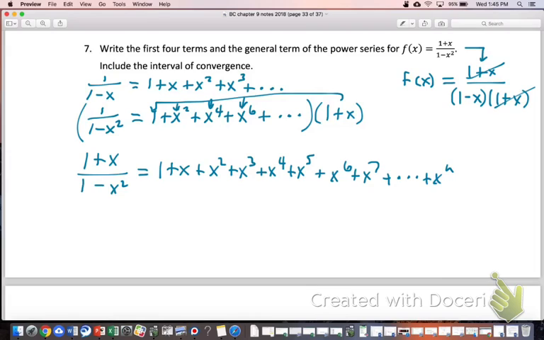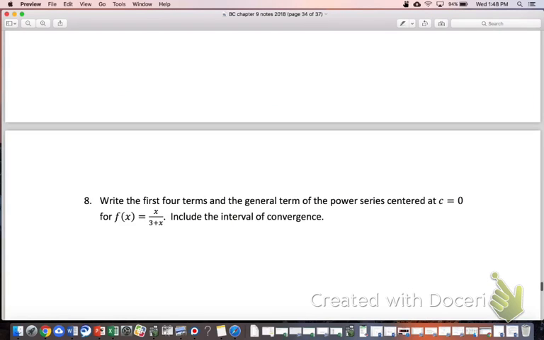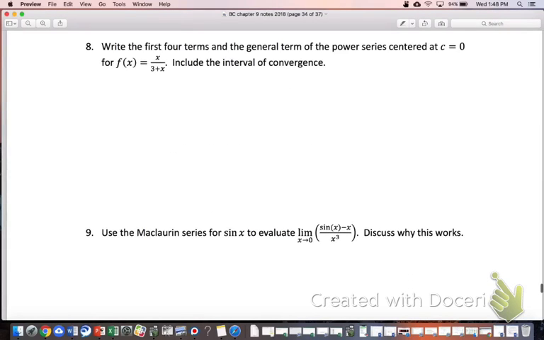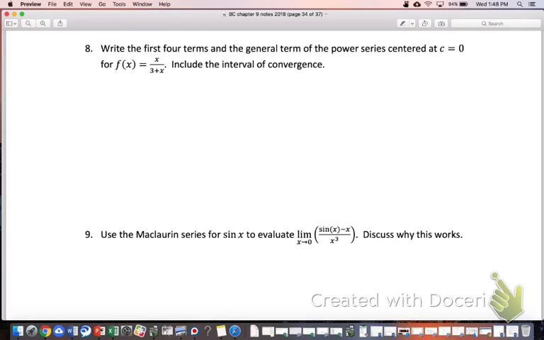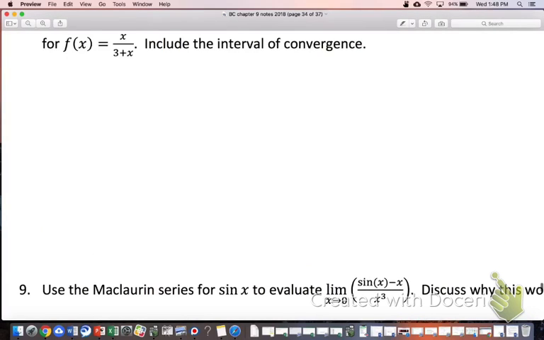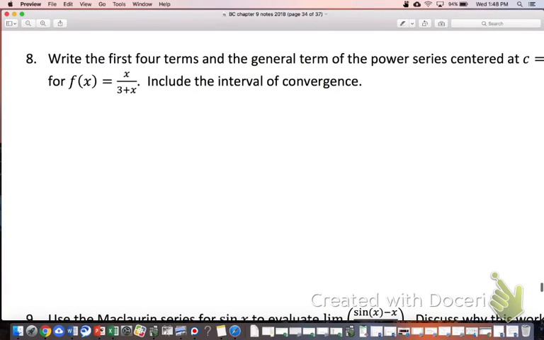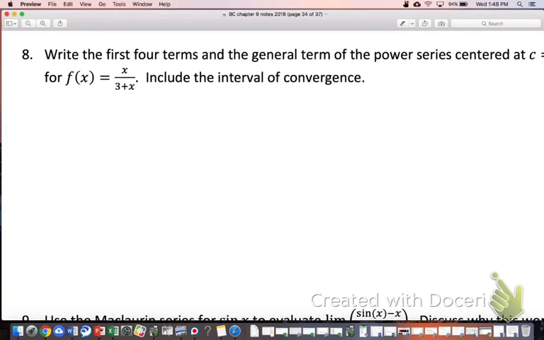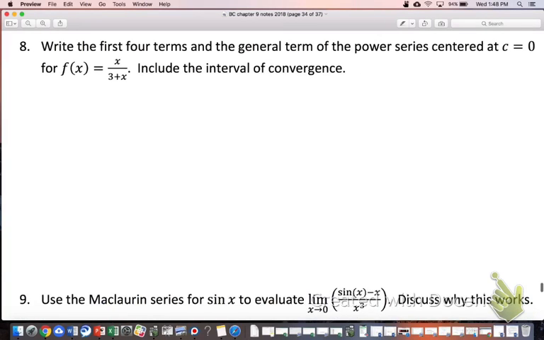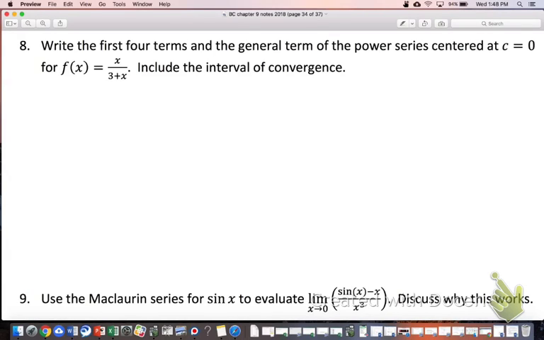I think the next one might twist you up a little bit. We'll see. Number 8. I have definitely tried to tighten things down to the point where I don't think the wording is ambiguous, right?